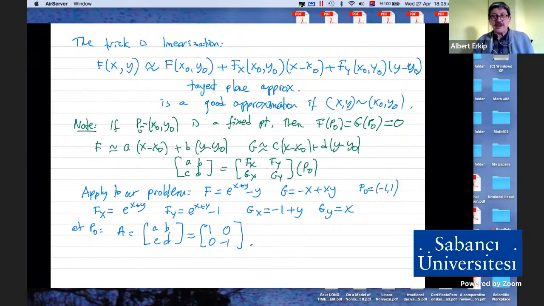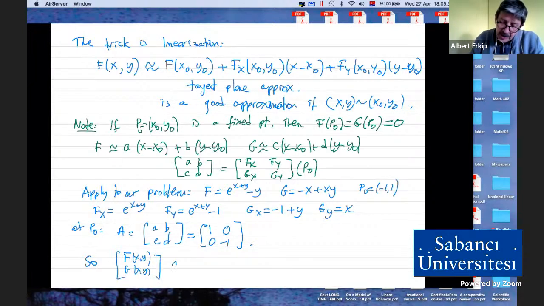Okay, that's 0, we get this. Is that good? Yes. So the vector f of x y, g of x y, is approximately what?